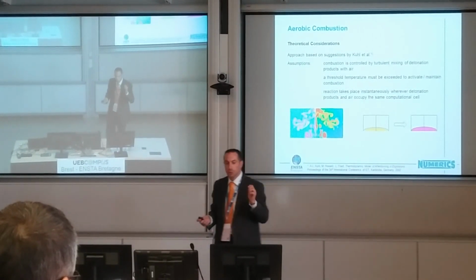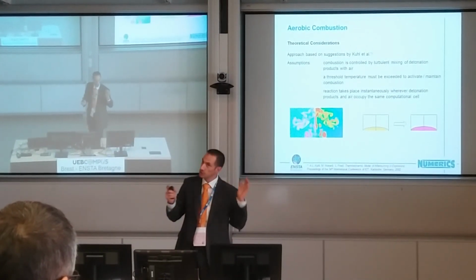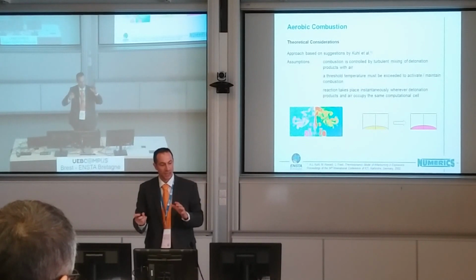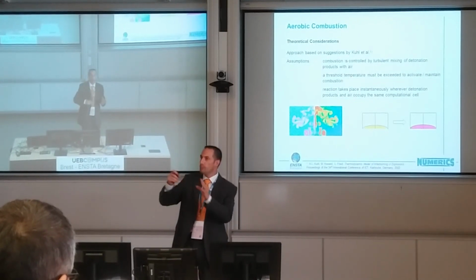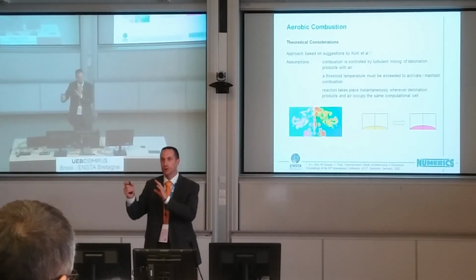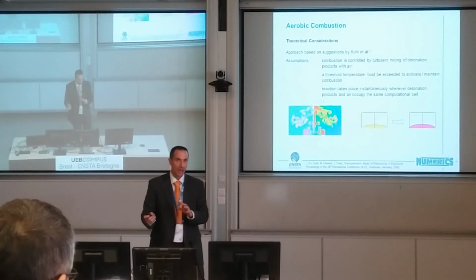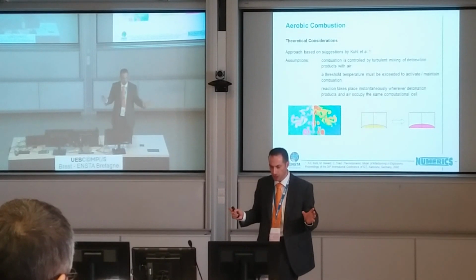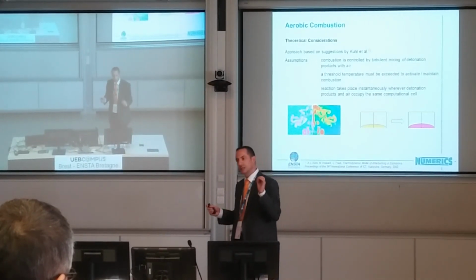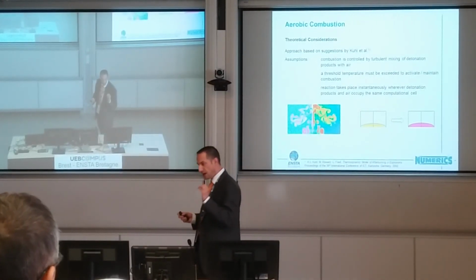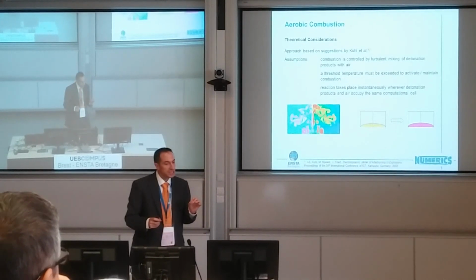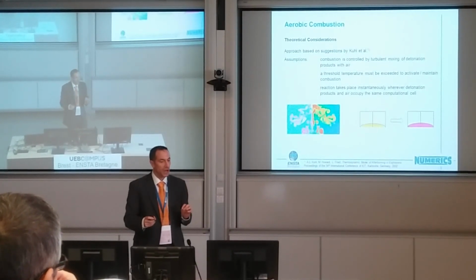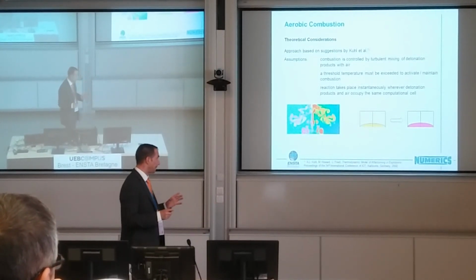Further on, we assume that there's a certain threshold temperature which must be exceeded to activate or maintain, respectively, the combustion process. And finally, as an implementation assumption, we assume that the reaction takes place instantaneously whenever detonation products and air occupy the same computational cell.